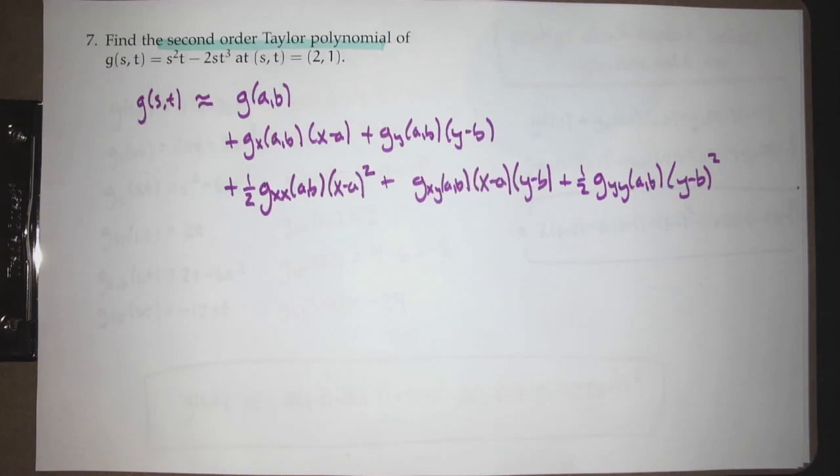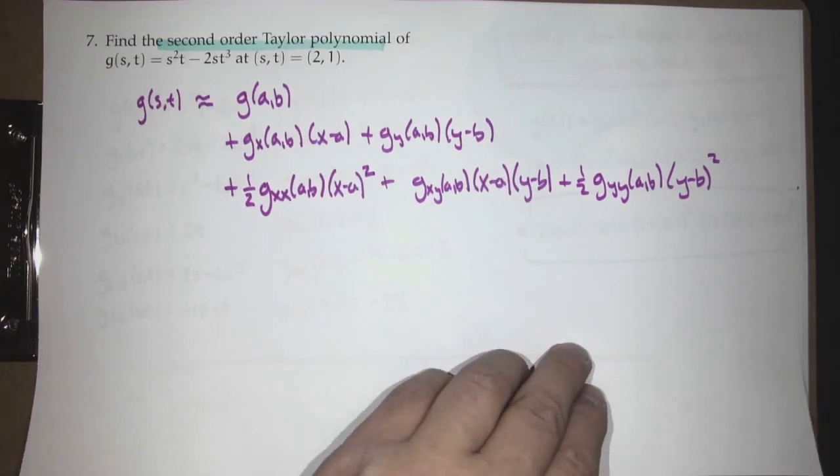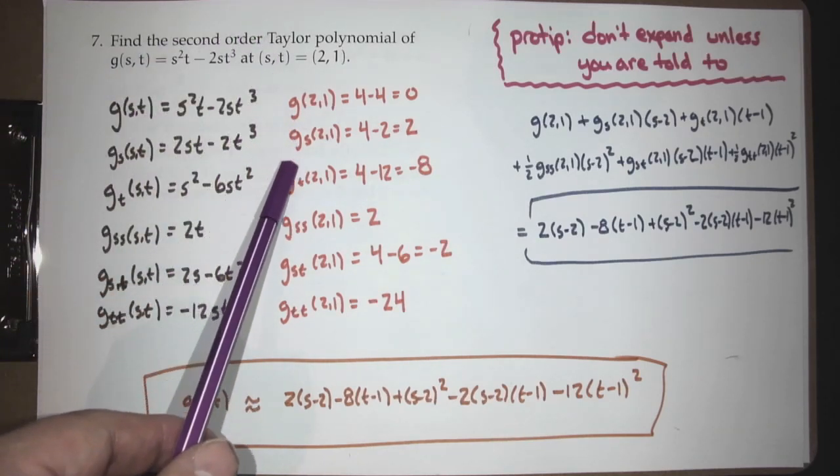So the hardest thing about second order Taylor polynomials, after you remember the formula, is just writing stuff down. Lots and lots of writing here. Other than that, it's not so terrible. So I'll just show it, because this is what I got. So you take your function and you find lots of partial derivatives. After you find partial derivatives, you plug them in.